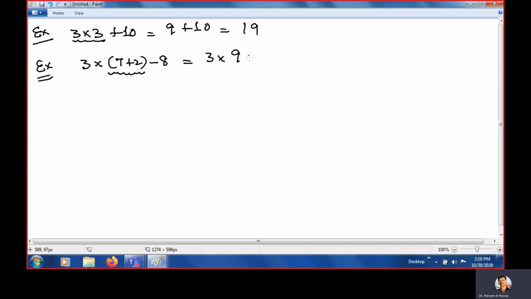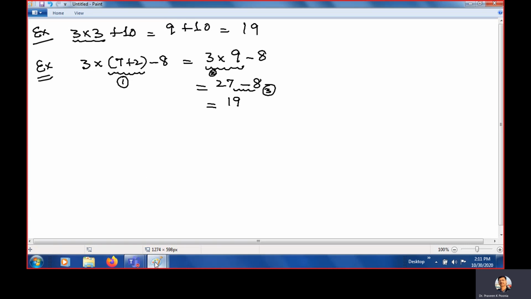So first we will solve the bracket. 7 plus 2 is 9. Now multiplication. 3 times 9 is 27 minus 8. Now one single operation is there, so subtract it. What is the answer? Answer is 19. Clear? So this is the first operation, this is the second operation, and this is the third operation.